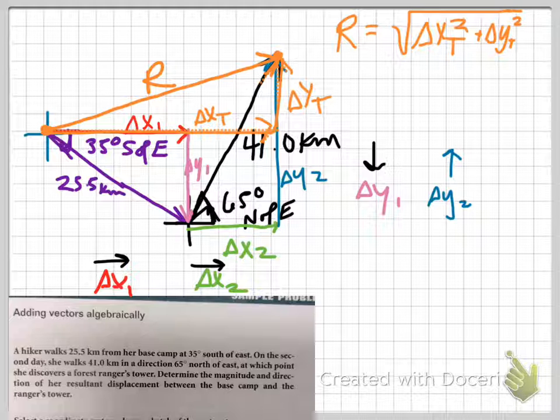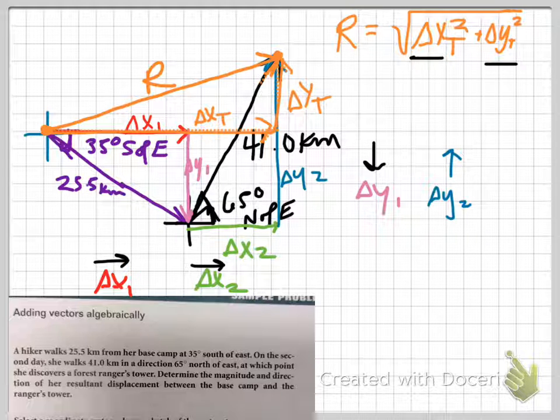What that does is it reminds me that I'm looking for the total x displacement and the total y displacement. It sets up a logical sequence of events. So yes, this is the end, but it sets me up to know that I have to compute my total delta x and my total delta y.